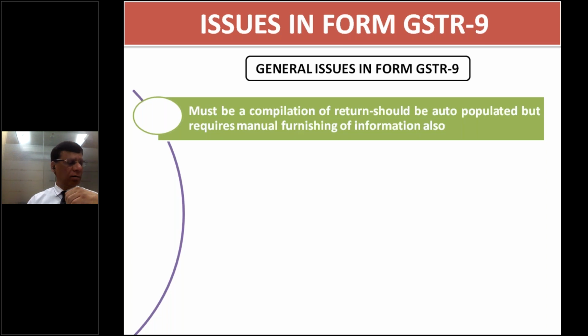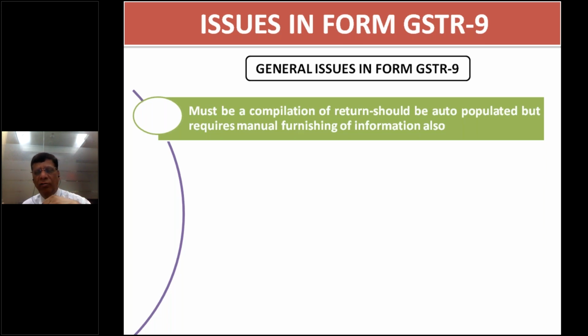Table 5 contains information in relation to exempted inward supplies, and table 6 contains information relating to taxes paid. So fundamentally, there are only two tables in Form GSTR 3B: table 3, which contains information relating to outward supplies, and table 4, which contains information relating to input tax credit claim.